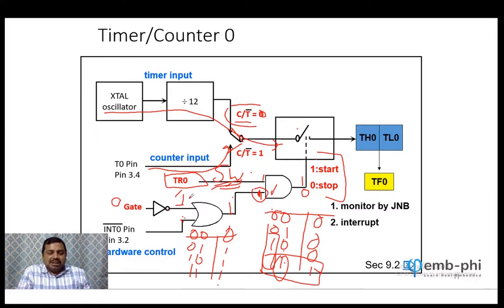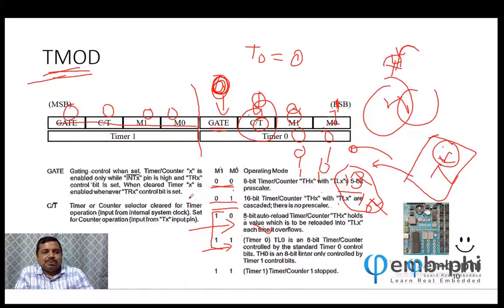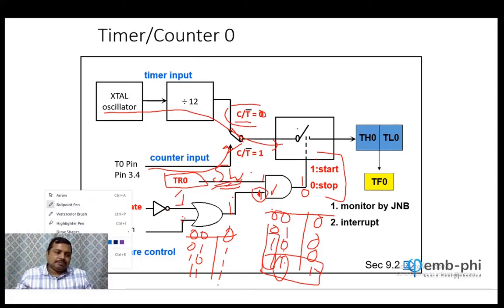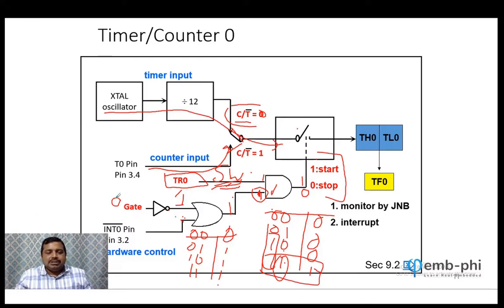Understand? On the opposite side, if you make gate pulse 1, it means what? You want external control. Okay, I'll show how it happens. Consider you wrote 1 there. Okay, 1 means the opposite of 1 will be 0.